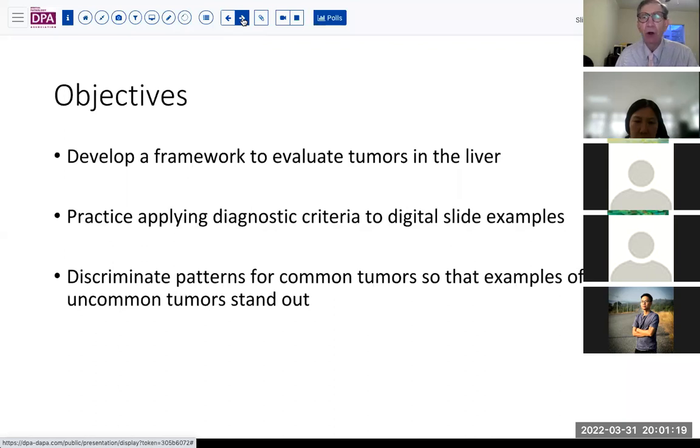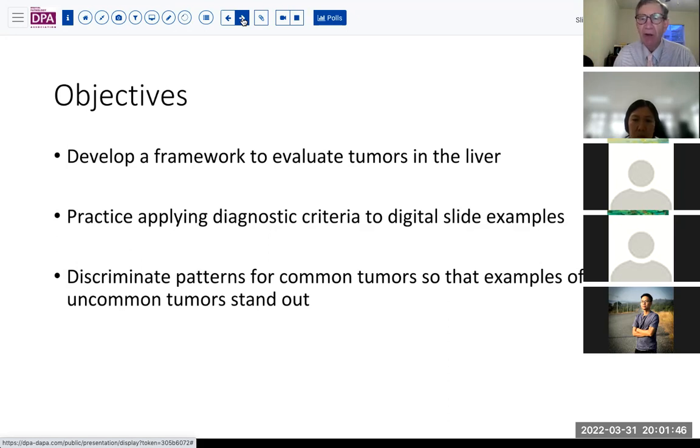The goal is really to make sure that we have a framework. Kind of like when you build a house, you build a foundation and then the pillars to attach the walls to. And then we'll have some case examples to practice using that framework to differentiate different tumors.